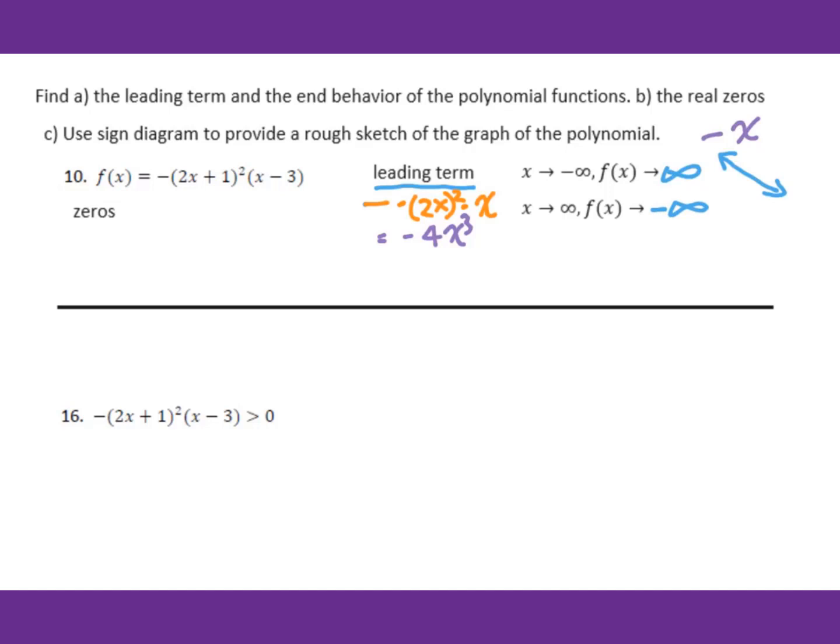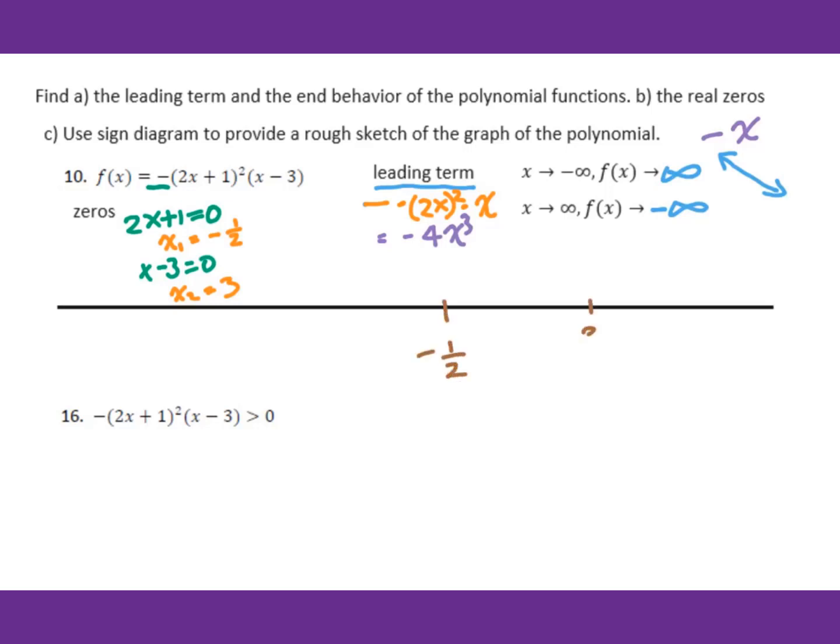Now let's talk about real zeros. The negative sign, definitely we cannot make this equal 0, but we can do 2x plus 1 equals 0, and also x minus 3 equals 0. So we got x1 equals -1/2, x2 equals 3.